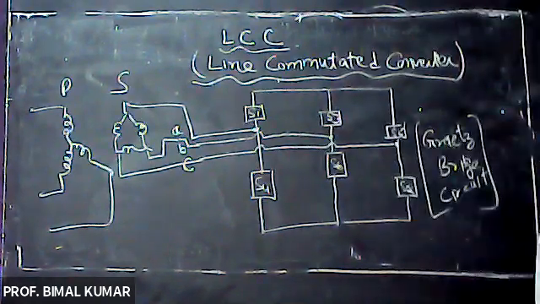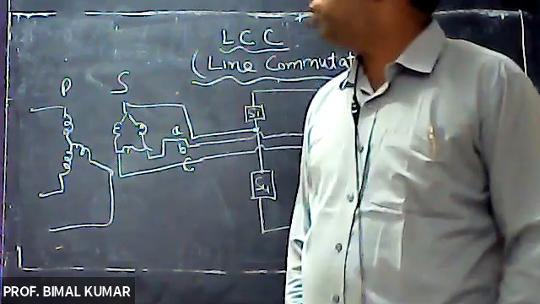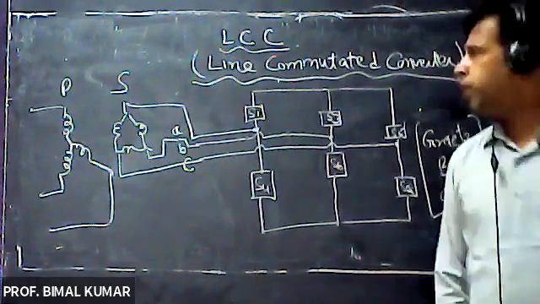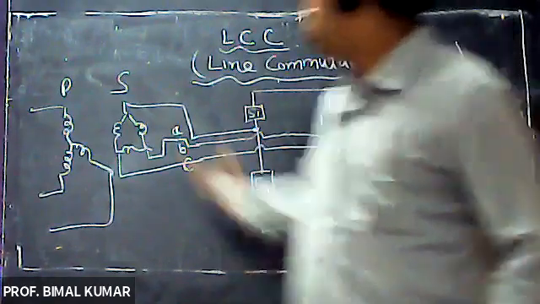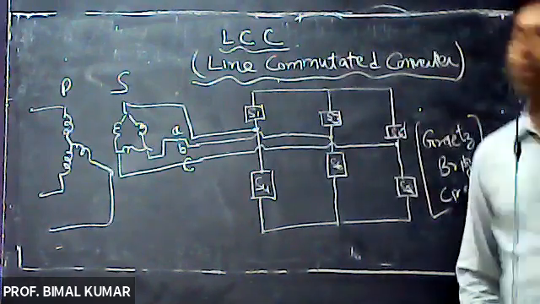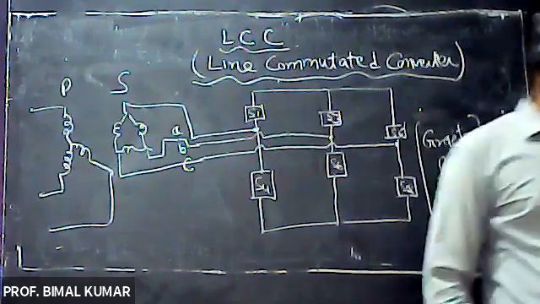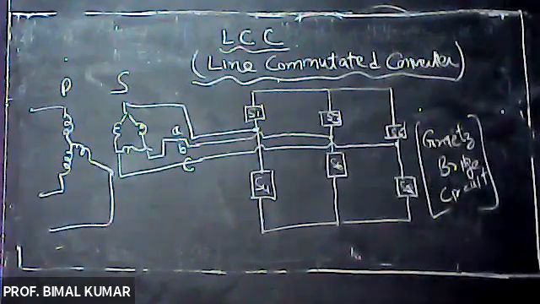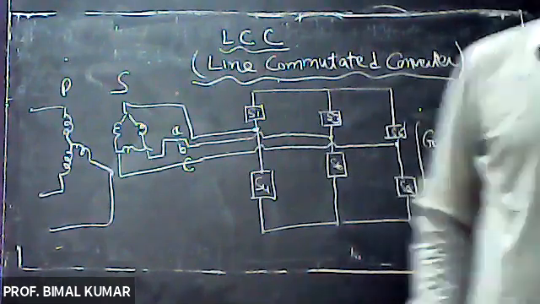So three different purposes are there which the transformer used to supply this Graetz bridge will serve. First is galvanic separation between AC and DC side. Second is voltage transformation between AC and DC network. And third is adjustment of the applied AC voltage by the on load tap changer.